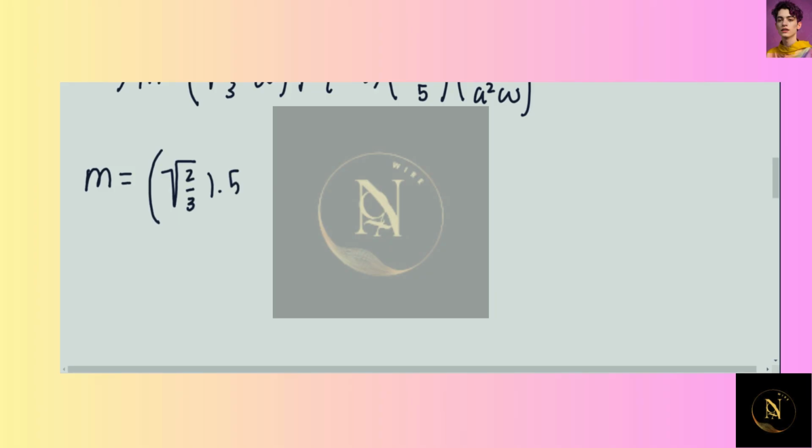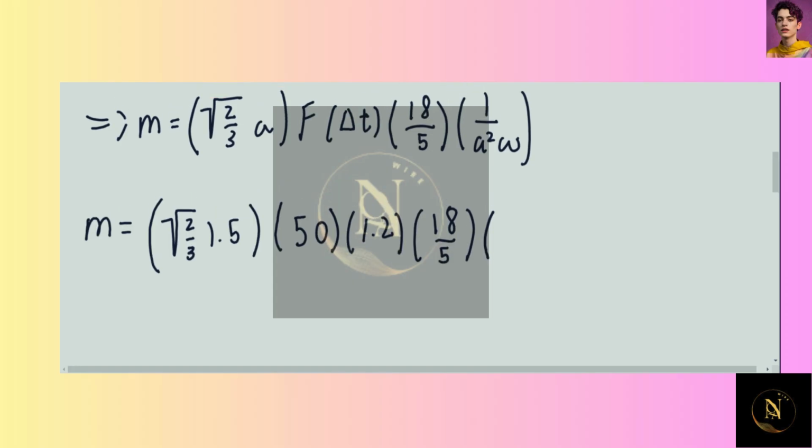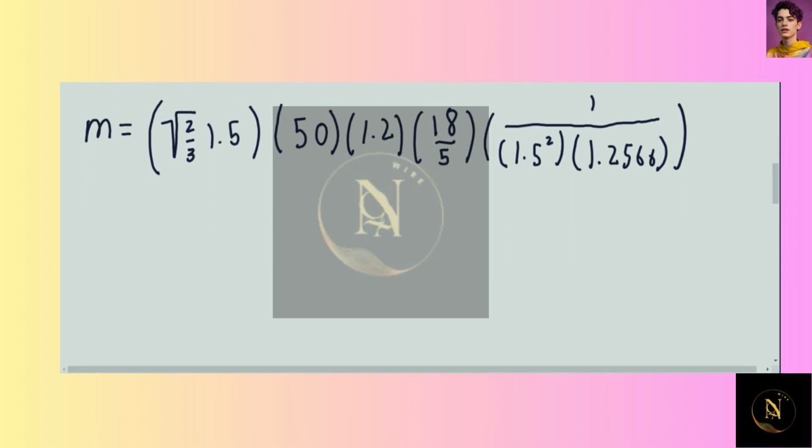So we plug in A, we plug in the impulse, and then we plug in A, and then plug in the angular velocity. And then doing this calculation, we'll get a final mass that's equal to 93.6 kilograms.